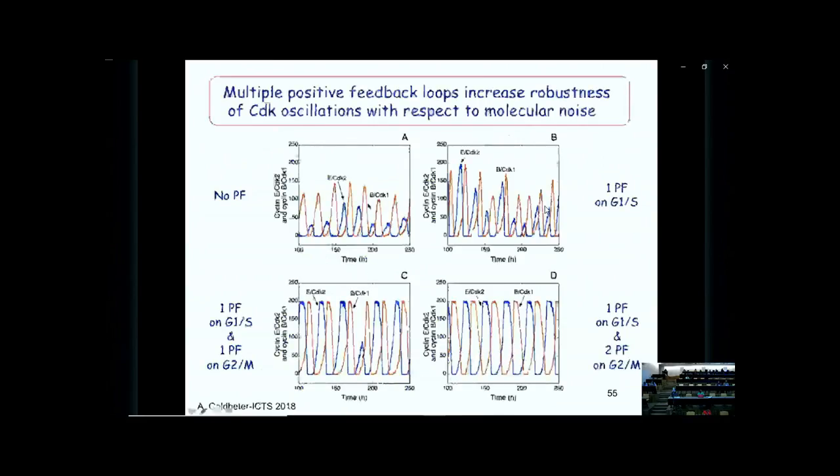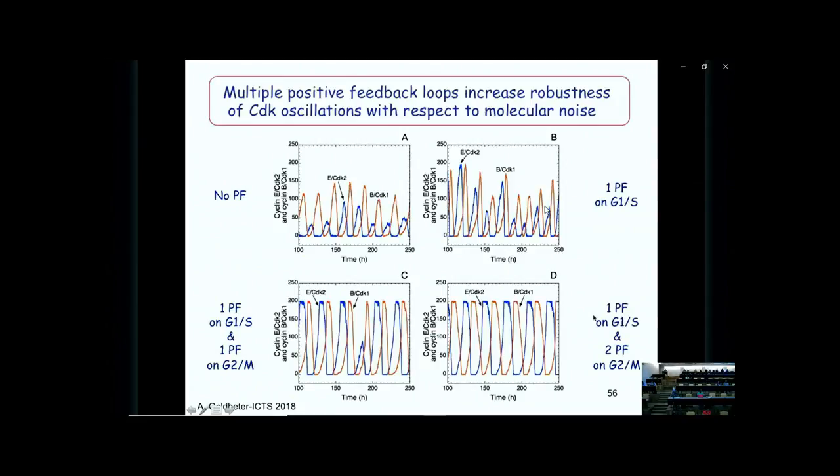These are oscillations in cyclin E CDK2 in blue, cyclin B CDK1 in red, using stochastic simulations. No positive feedback in panel A, one positive feedback in G1S in B, two positive feedback in C, one in G1S, one in G2M, and three positive feedback in D, one in G1S, two in G2M.